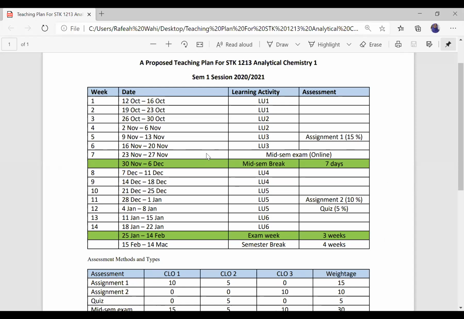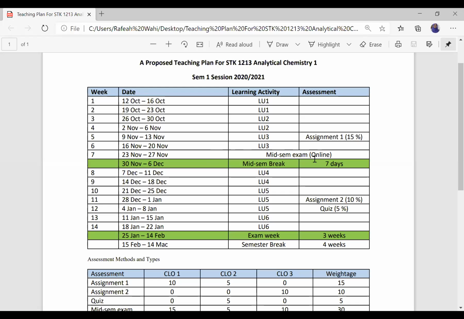We are not going to have any learning session for practical analytical chemistry on 24th of November, but instead you are going to have your mid-semester exam. And assignment 1 will be given on the 5th week. Before I forget, for your mid-semester exam, you will be tested on learning units 1, 2, and 3.